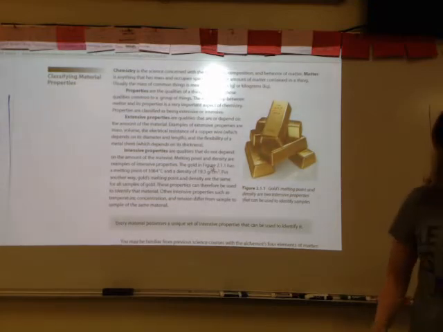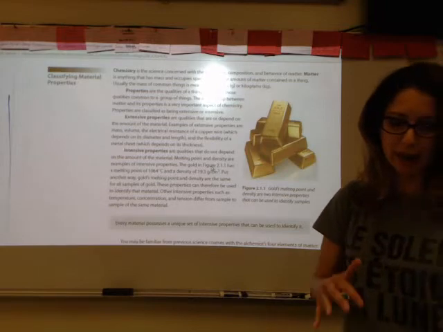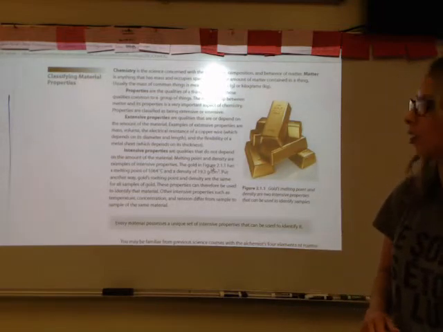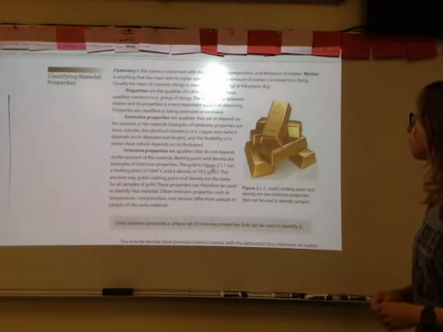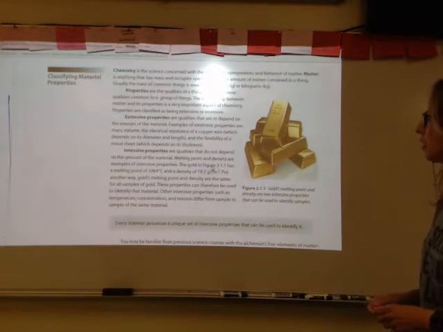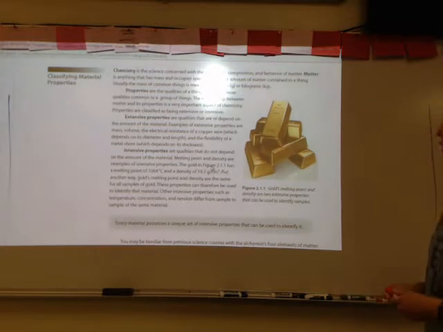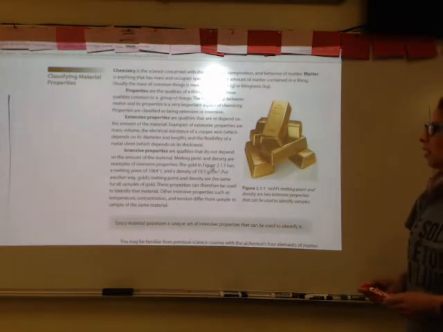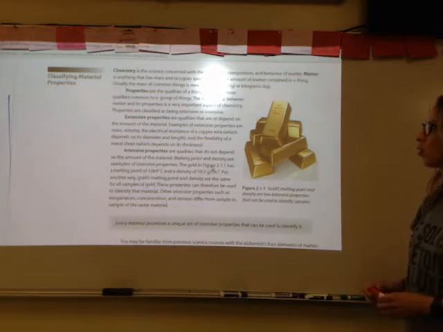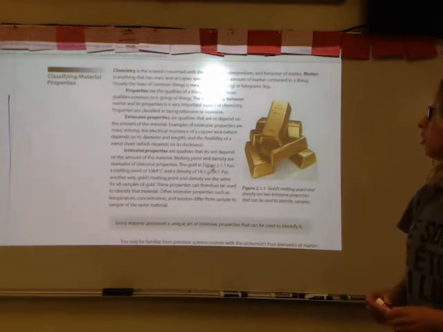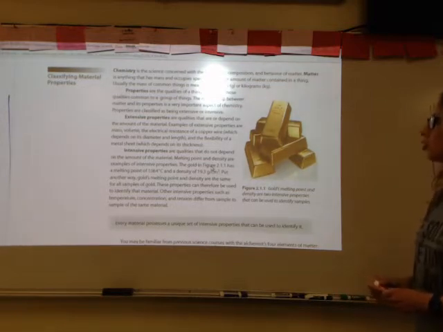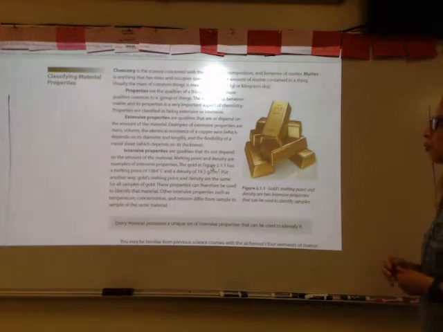So those two components have to be included for something to be matter. Mass is the amount of matter that's contained in something, and is usually measured in grams or kilograms. And properties are the qualities of a thing, qualities that are common to a group of things.